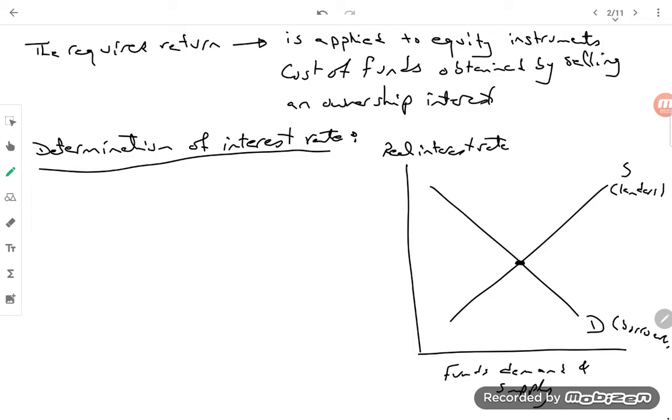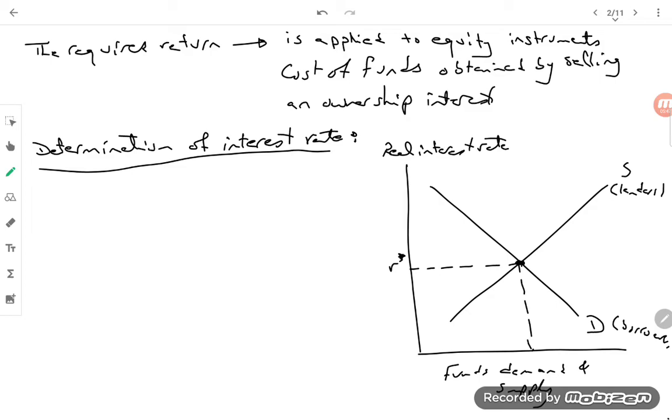The point of intersection of demand and supply is the point of equilibrium in this market, at which we identify the amount of funds that will be borrowed or invested, and the equilibrium interest rate that will prevail in the market.